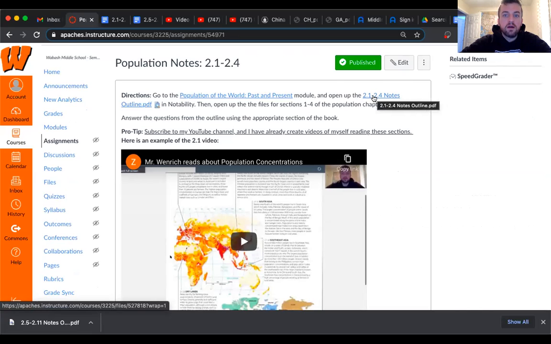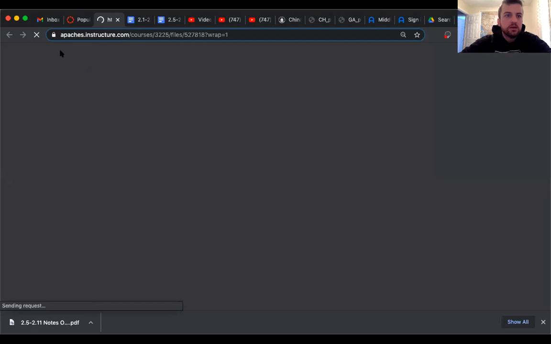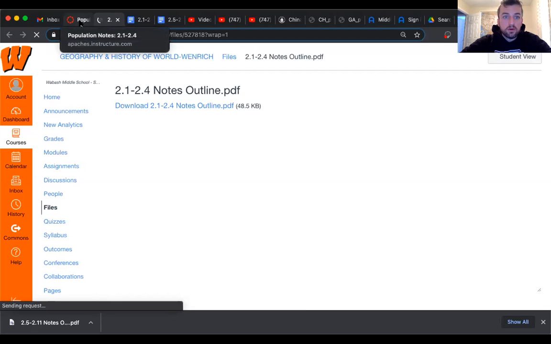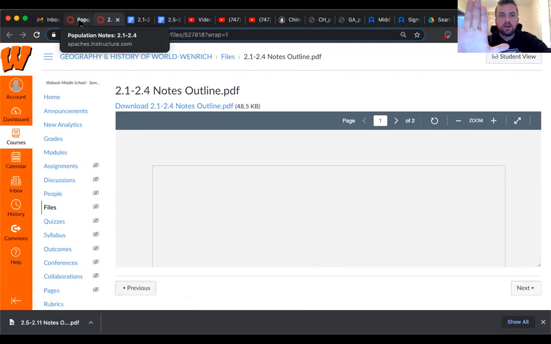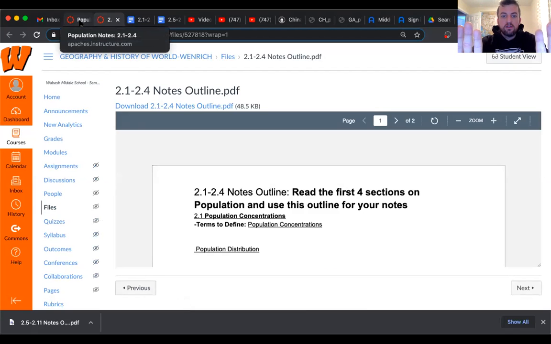I would open that up in Notability. That way you can draw in it. And then I would double screen, because I'm doing this on a computer. You have an iPad, and you'll have the sheet of notes on one side, like the outline, and on the other, you're going to have the actual reading content.